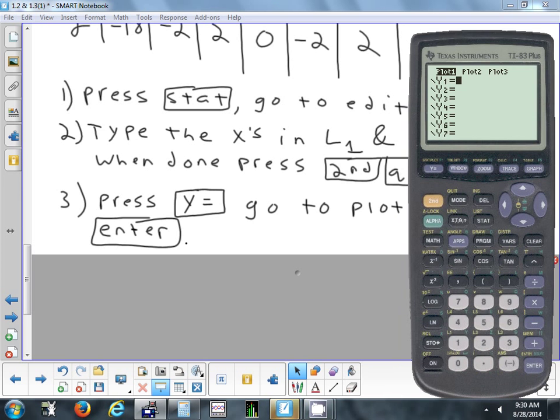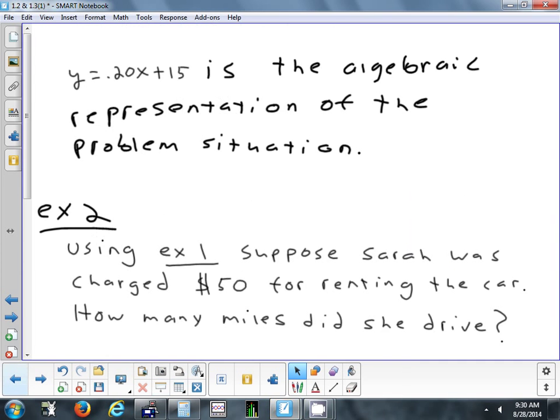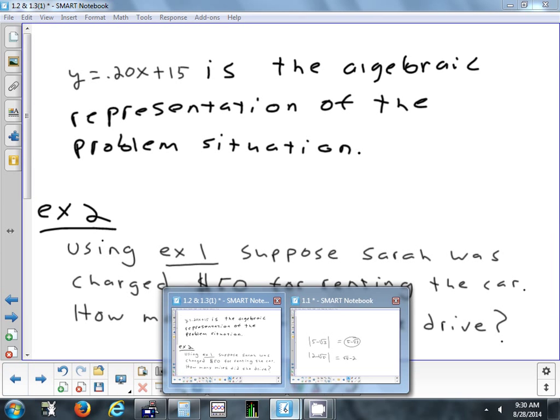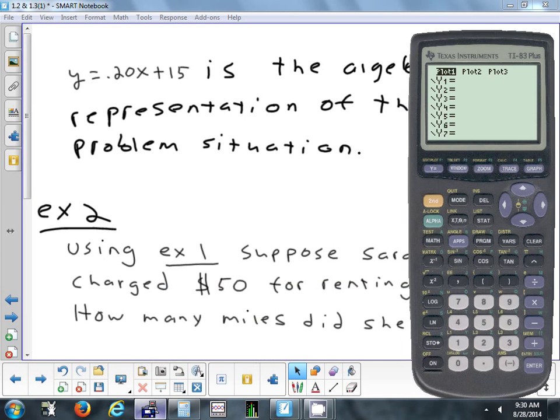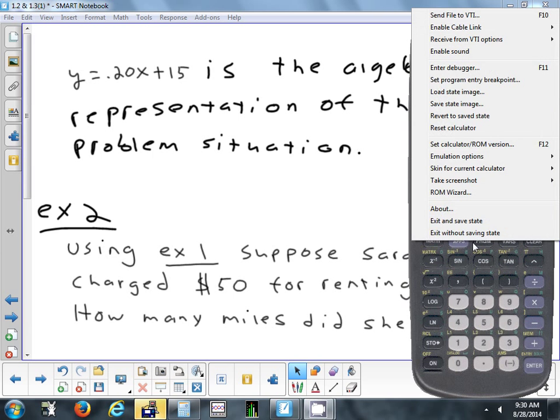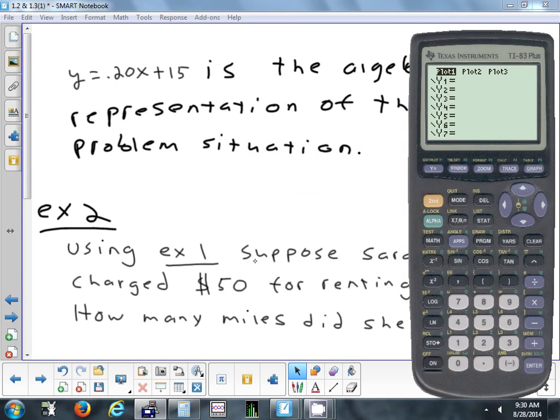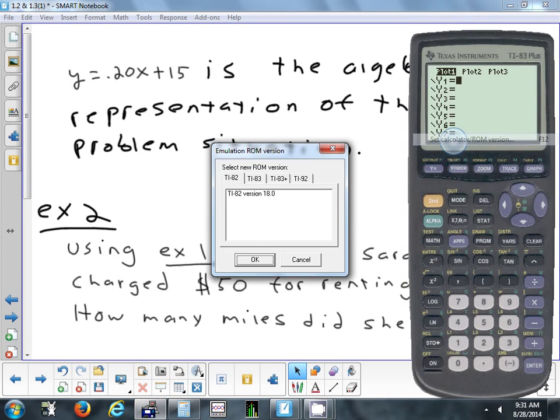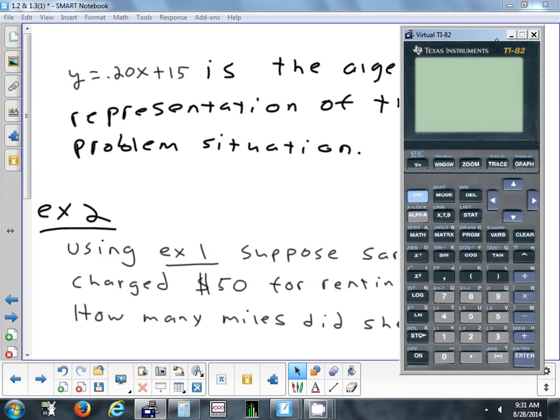Okay? What happens if you don't see plot 1 or plot 2? Anybody else that didn't see plot 1? Let's take a look. So if you're on, okay, the TI-82, a little bit different. Let me show you on that one. Okay, so on the TI-82, stat plot is actually above Y equals. So if you go second stat plot, there's the 3 plots I was looking at on the TI-83.